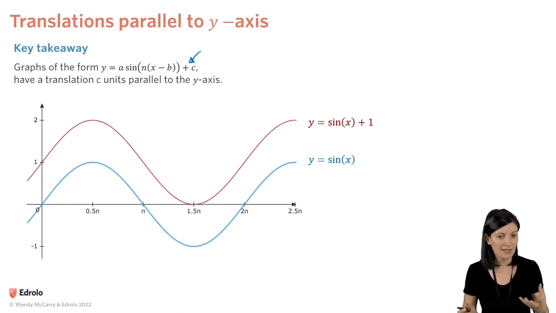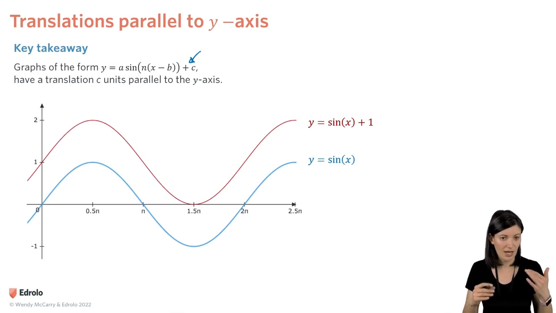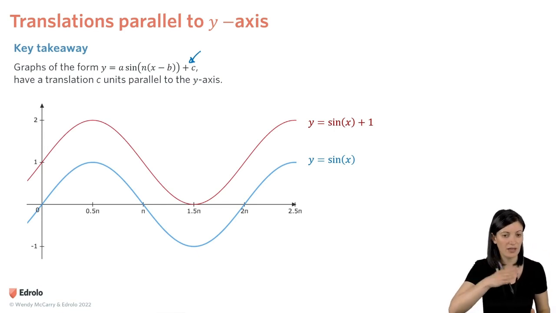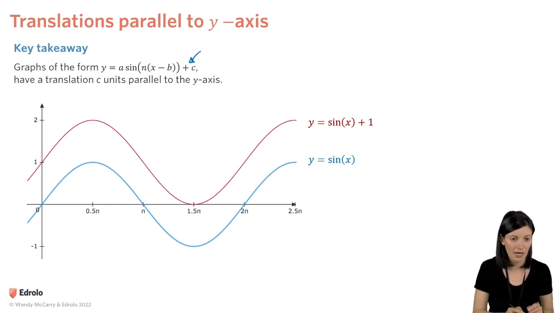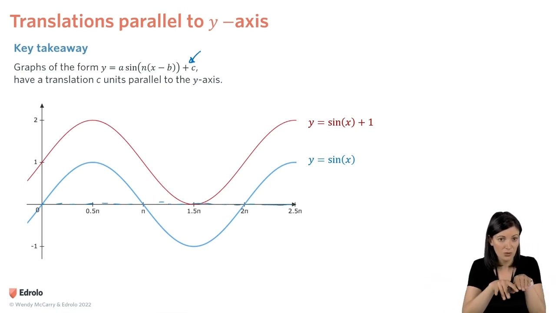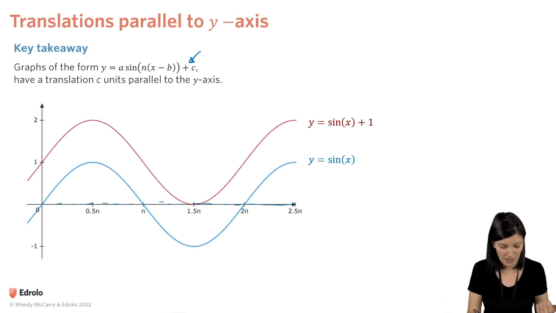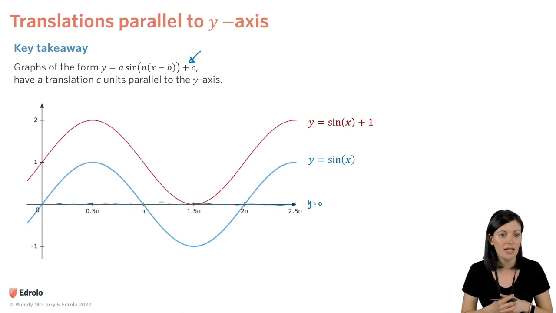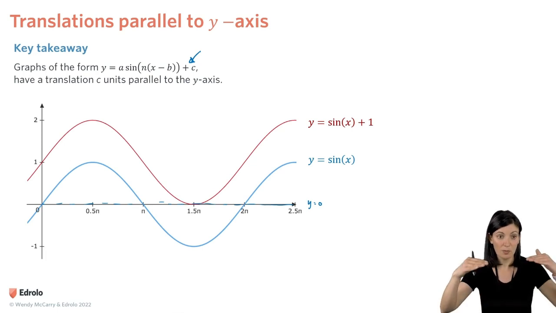Now, when you're sketching these functions, one thing that is helpful to keep in mind is that the graph of y equals sine x has what's called a principal axis or a center line, basically the x-axis or the line y equals 0, which cuts exactly through sine x. So sine x goes around that line, y equals 0. What happens when I shift a graph up, when I have a vertical translation, is that center line also moves up.